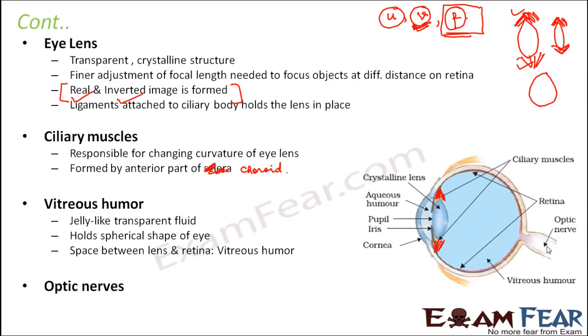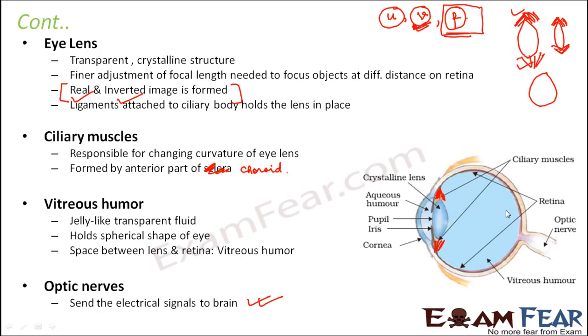So now that information or that image which has been formed on the retina is passed on to the brain. And how is it passed on to the brain? Through the neurons, that is through the optic nerves. So these optic nerves send electrical signals to the brain, and the image which is formed is converted into electric impulses, and these electric impulses are passed through the neurons present in the optic nerve and then sent to the brain.